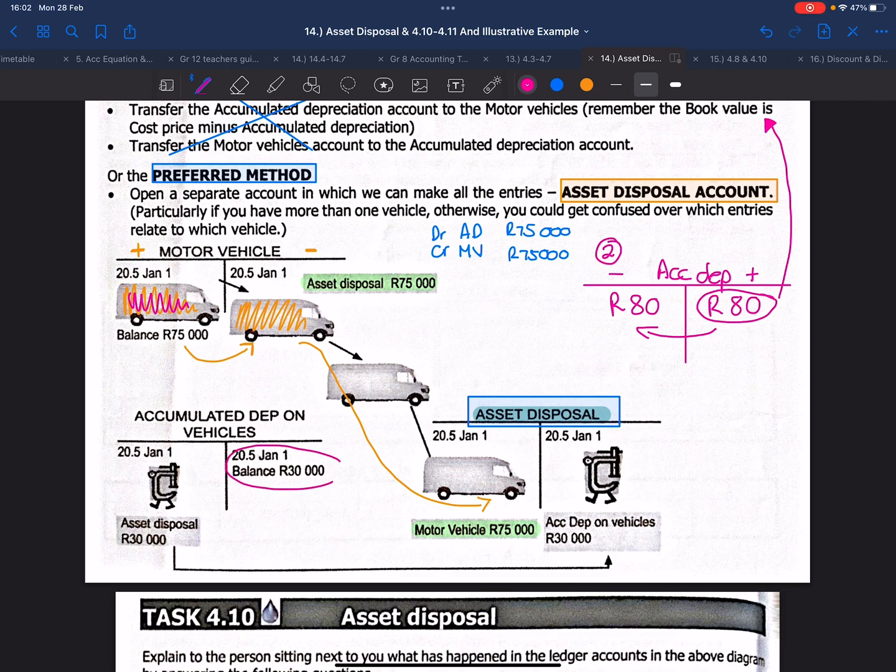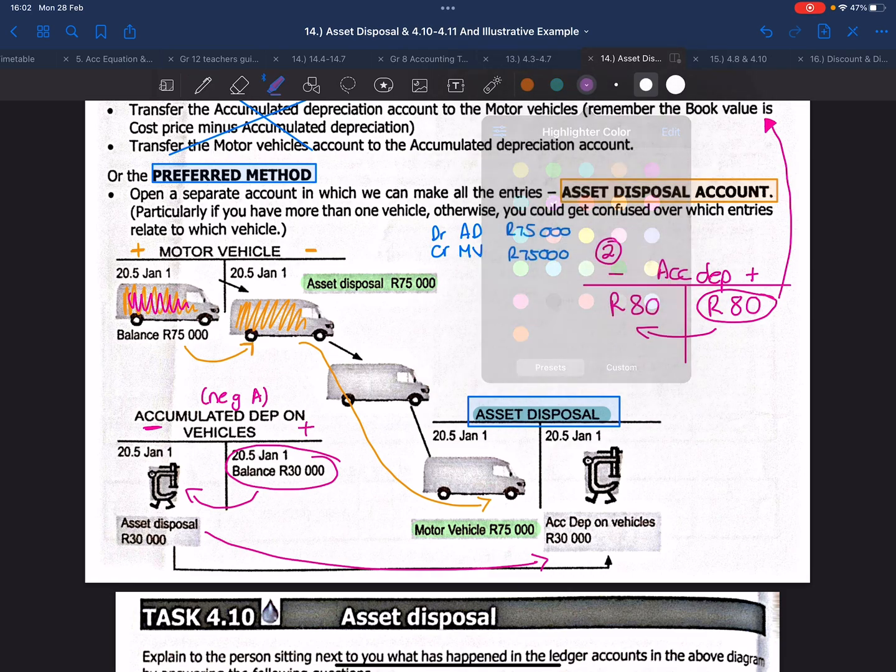So we have a balance of 30,000, and now we dispose of a vehicle, so we now need to take it out of our accumulated depreciation account. It's a negative asset, so it will decrease on the debit side, and it goes to your asset disposal account. So you would then debit accumulated depreciation and credit your asset disposal account with the accumulated depreciation that you have now removed from your books.